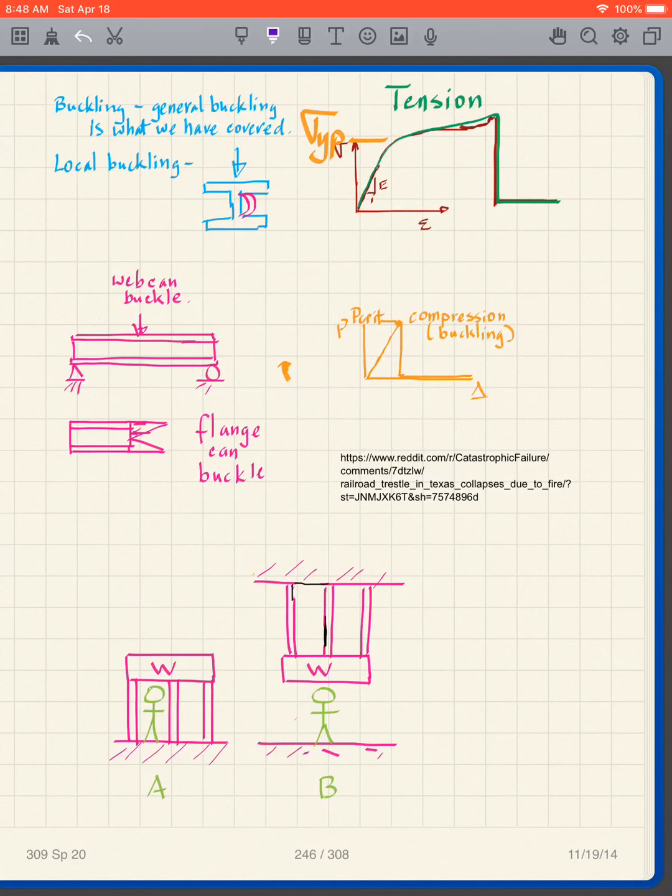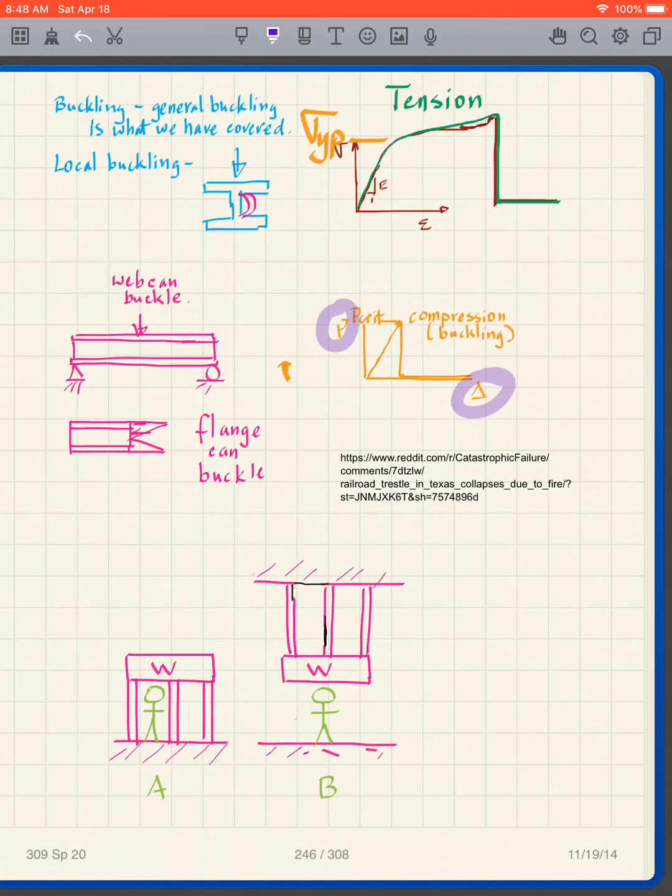If we look at not tension, here's the stress-strain curve for tension, but instead we look at our stress-strain curve for buckling, or for compression, which could lead to buckling, then what does that stress-strain curve look like? Well, we'll plot P versus delta.